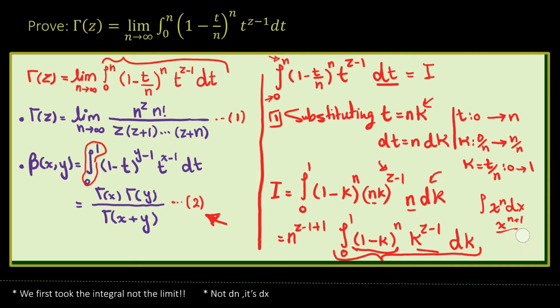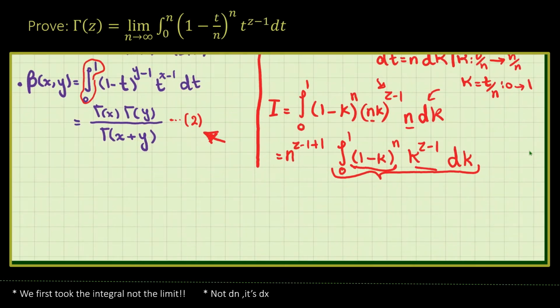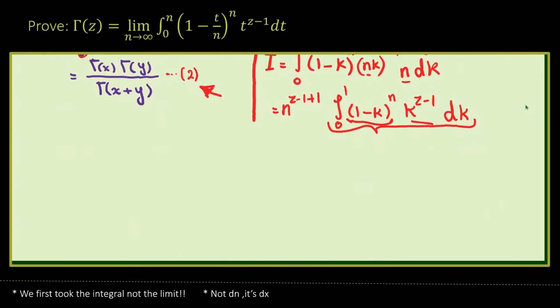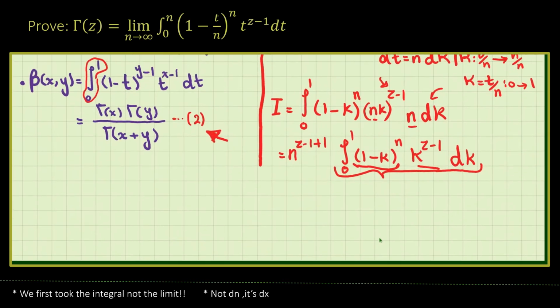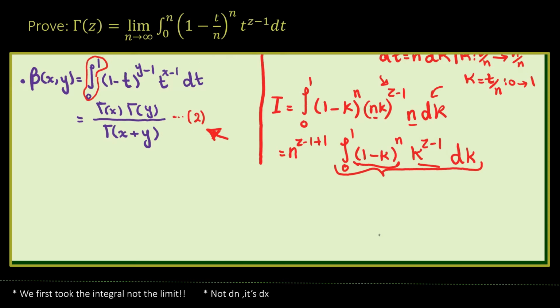We will use the definition of beta function. In the definition of beta function, we have y minus 1 is equal to n.